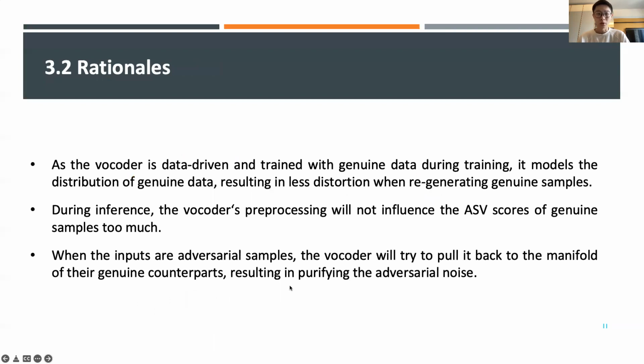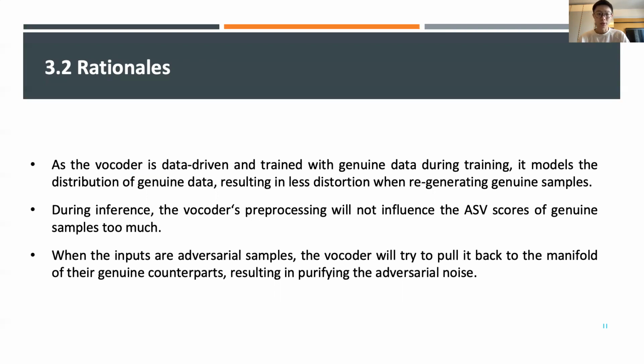Here are the rationales of the proposed method. As the vocoder is data-driven and trained with genuine data during training, it models the distribution of genuine data, resulting in less distortion when regenerating genuine samples.